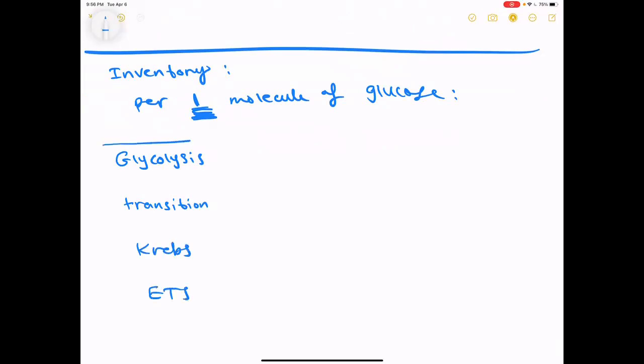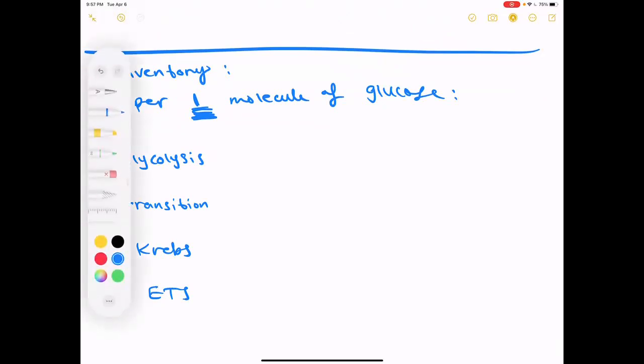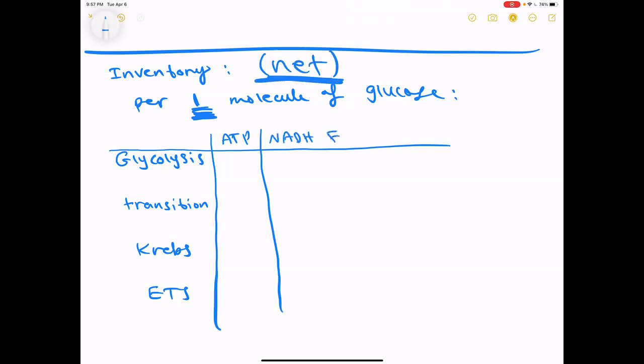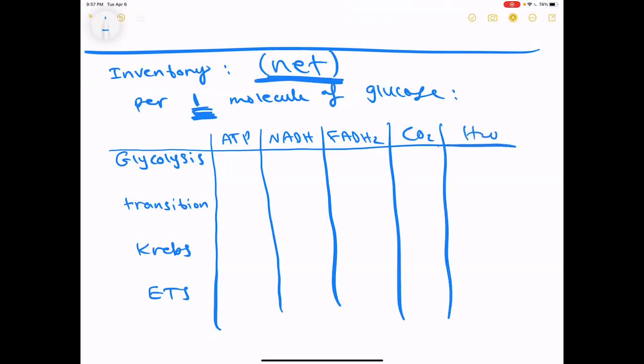Let's see how much we know and how much we don't know. All right, let's say ATP, and this is when I said 1 molecule per glucose, and this is net. Then NADH, FADH2, CO2, H2O.